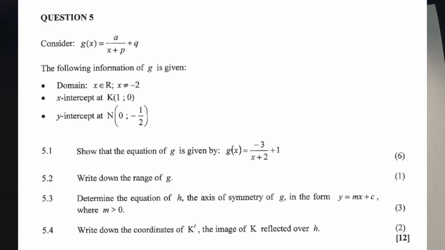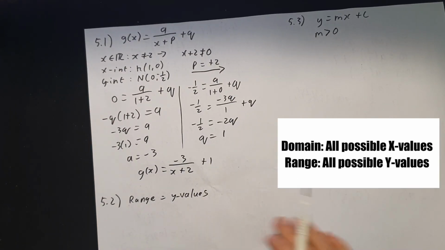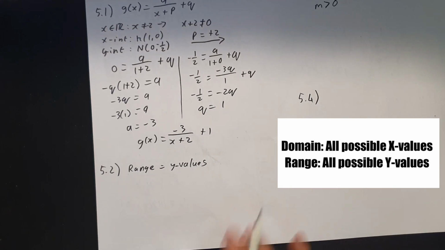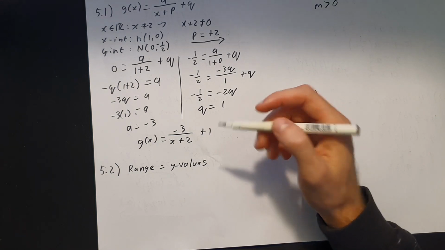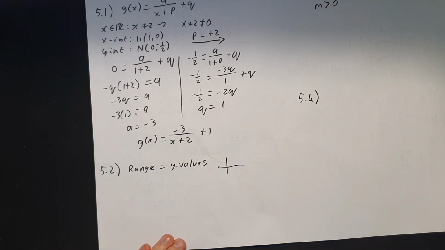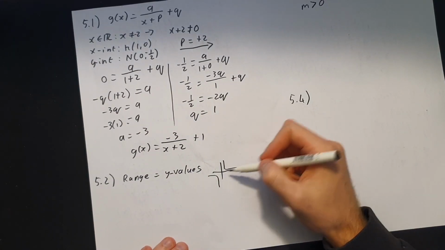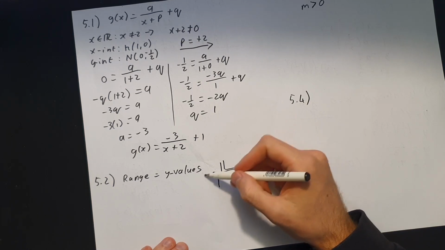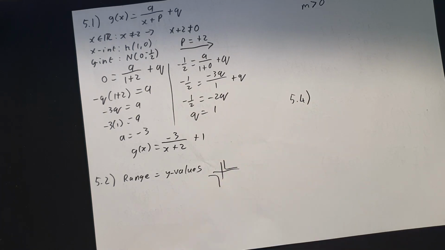Now 5.2 says write down the range of g. Remember, range means all the possible y values that we can have. If we look at the general setup of a hyperbola, the parent function looks something like that. We go from negative infinity, we don't include the x-axis, and then we go up to positive infinity. The same thing is going to happen here.